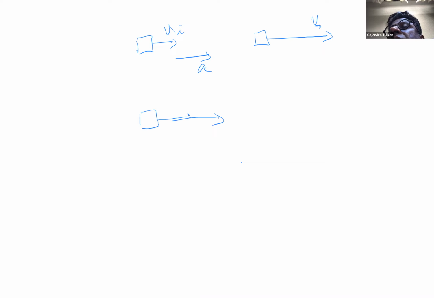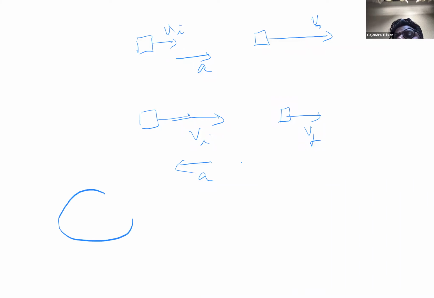Remember, for linear motion, if your velocity was increasing, with initial velocity and final velocity, then your acceleration was pointing in the same direction. And if your velocity was decreasing, then the acceleration was pointing in the opposite direction. Now we'll do the parallel of that for angular motion.